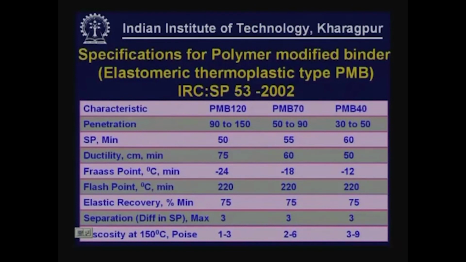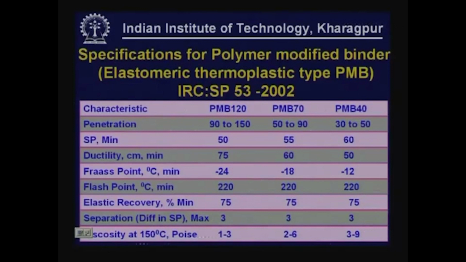Flash point is 220 for all binders. Breaking point is minus 24 for PMB 120, minus 12 for PMB 40. Elastic recovery is another property that we normally do not conduct for normal binders, but this is a test that we conduct on modified binders. We will discuss this after a few slides.